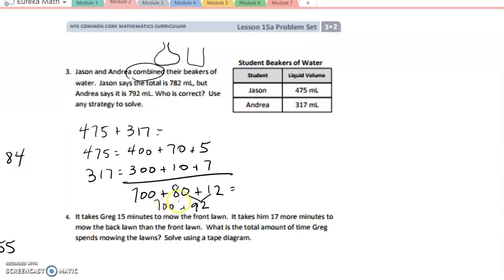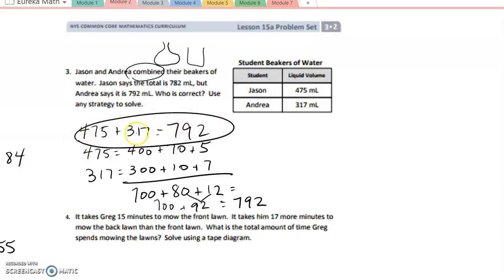And if I add the 700 to that, I get 792. So 475 plus 317 equals 792. Andrea is correct. I always have to answer the question that they're answering. Who is correct? And here's my answer. Okay. What I'm guessing is that Jason, when he added it, forgot that he had this 10 in the ones place that he had to add in.